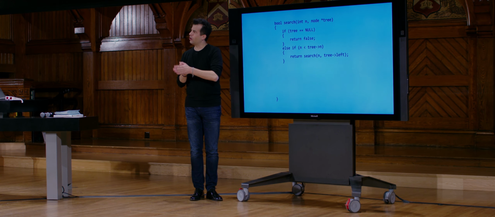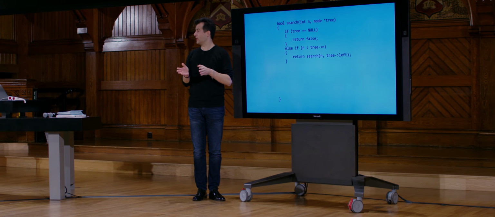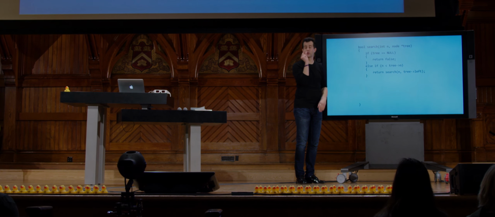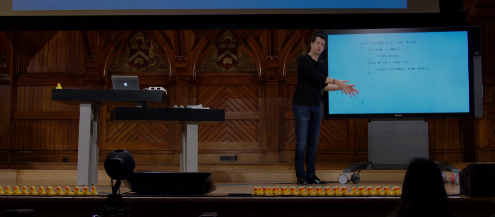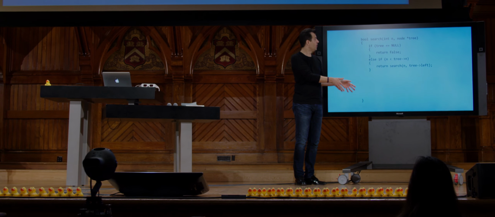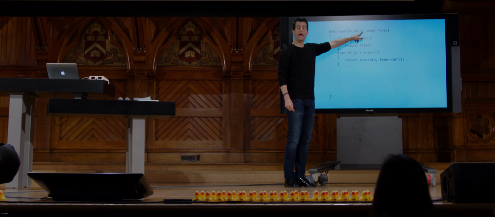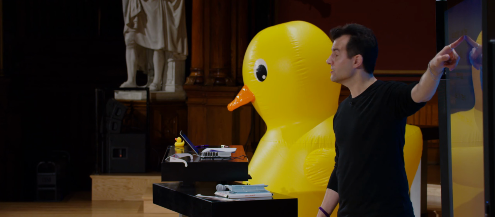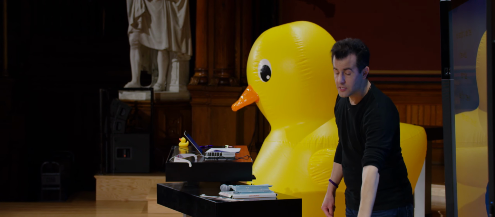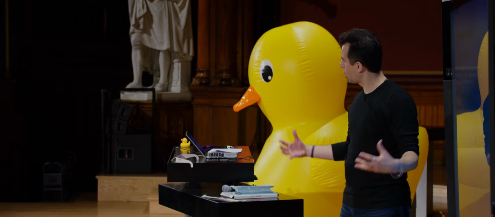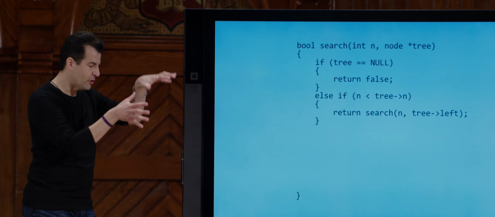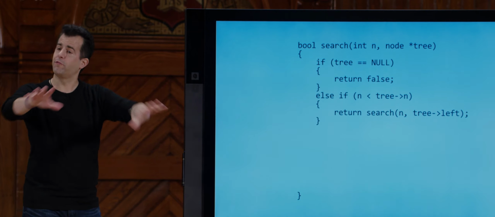So do we have an algorithm to search a tree for a specific value? Just so happens that tree is now smaller because it's like this half of the tree on the left. We do. We have a function called search that takes a number as input and takes a tree as a pointer. That doesn't have to be the whole tree. It can be a subtree because, again, a tree is kind of recursively defined because every left child and right child itself might have children.